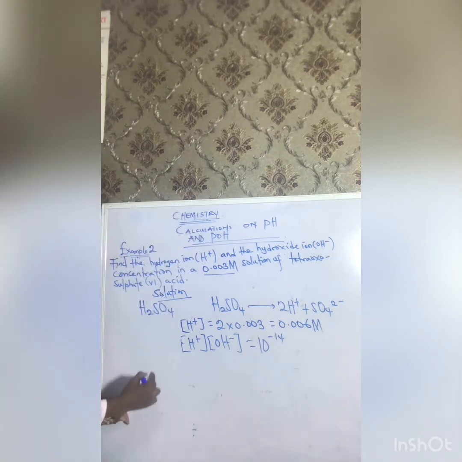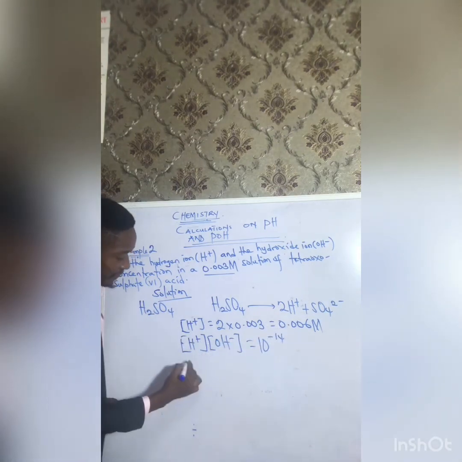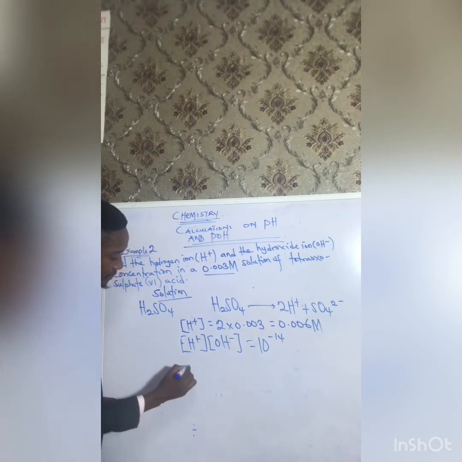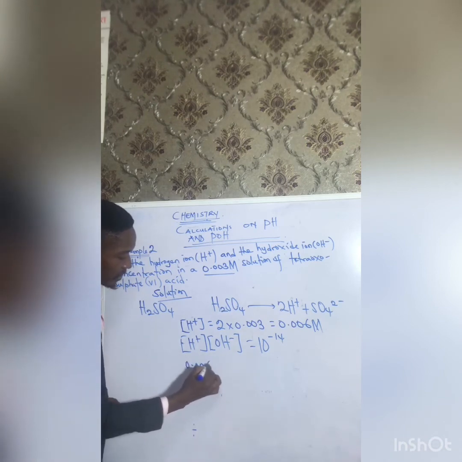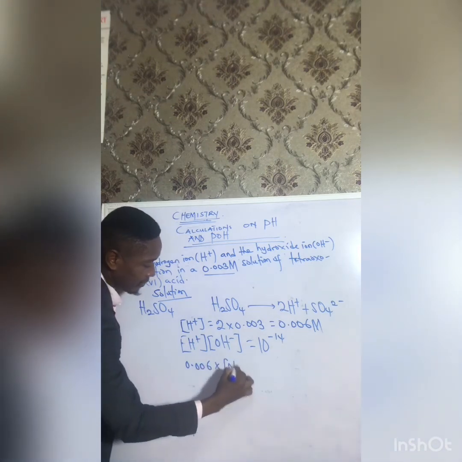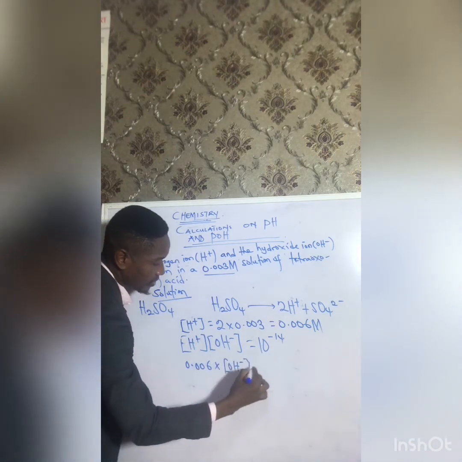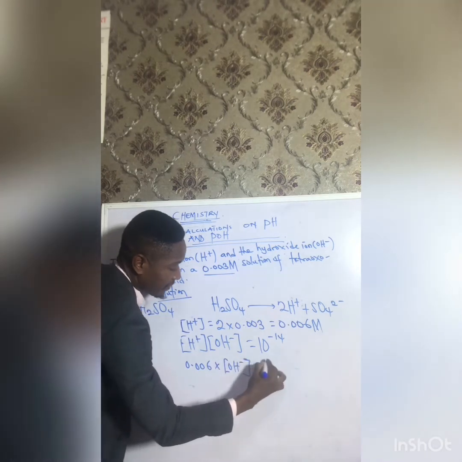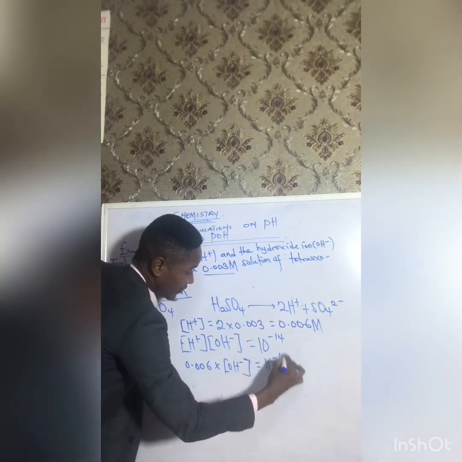So what is our hydrogen ion concentration from the question? We have 0.006 multiplied by the hydroxyl ion concentration, and everything is equal to 10 raised to power minus 14.